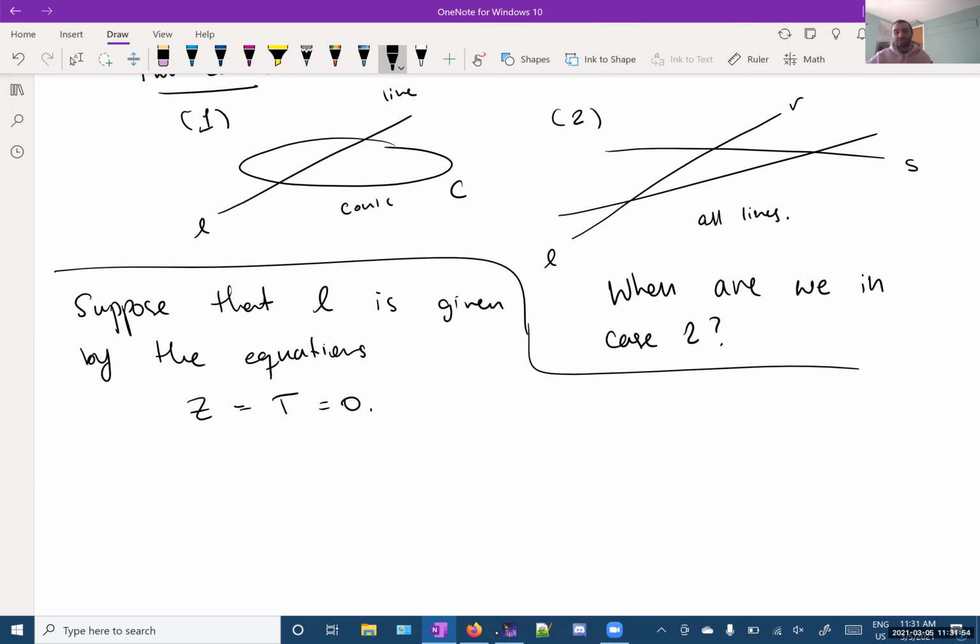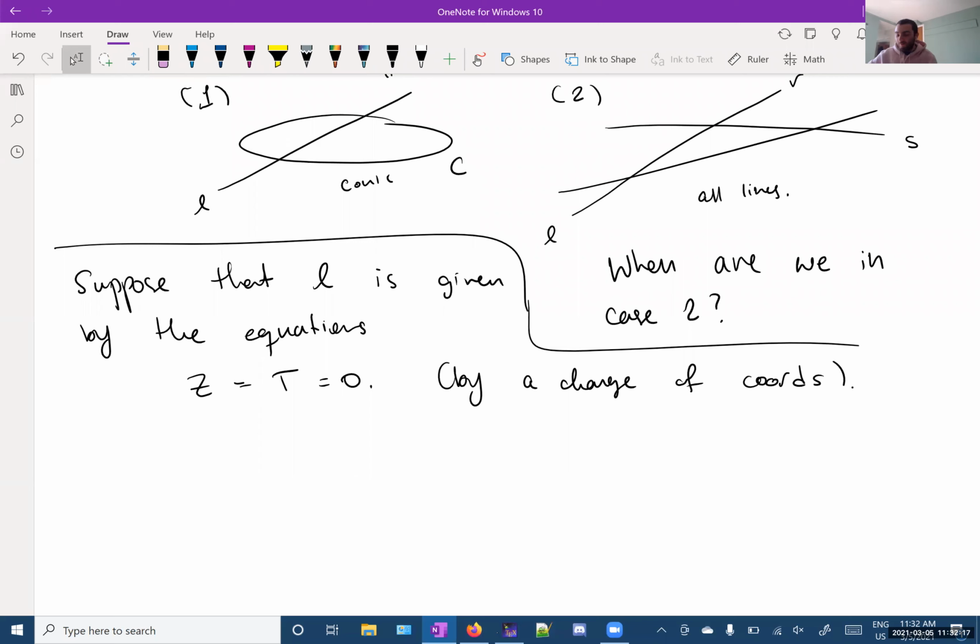And I can do this just by a change of coordinates. I can rotate my projective space around somehow and get that this line actually has these equations. That doesn't change anything. My surface is still cubic. I do this just so we can talk concretely about these planes. So our line L is given by these equations.